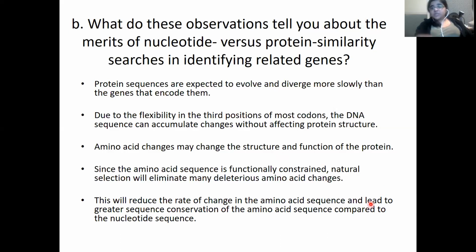That's what these observations are telling you: even though we have different DNA sequences, we can still have similar proteins come out. Okay.